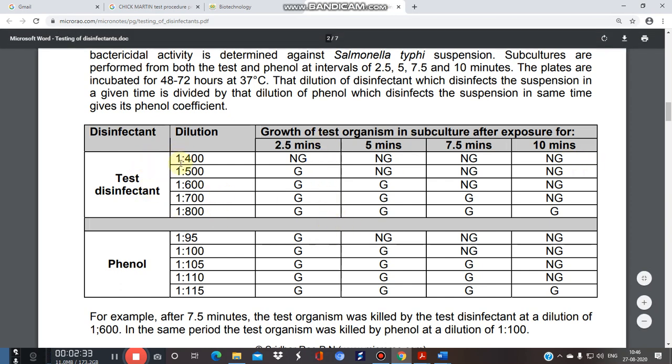First of all, when we take test disinfectant and dilution is 1:400, look at this, at 2.5 minutes it starts killing the microorganism, that is the Salmonella typhi, and shows no growth. The microorganism will die here. So we will again dilute this test disinfectant. We will increase the dilution, that is 1:500.